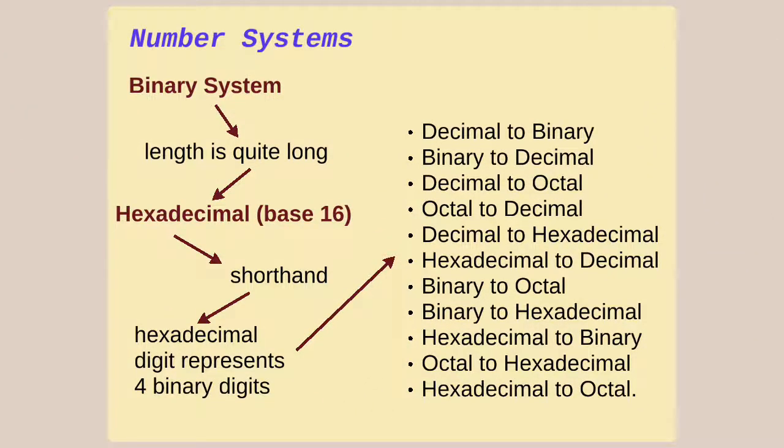Number systems. Computers use a different number system. As I have mentioned a while ago, the binary system, however, is long for large numbers, and so it is usually converted to hexadecimal, base 16, used as shorthand.